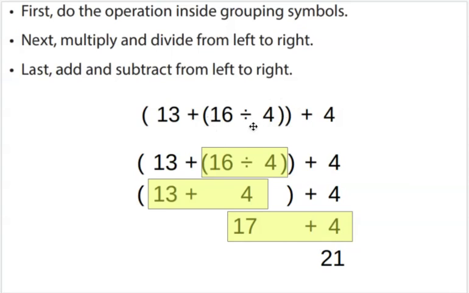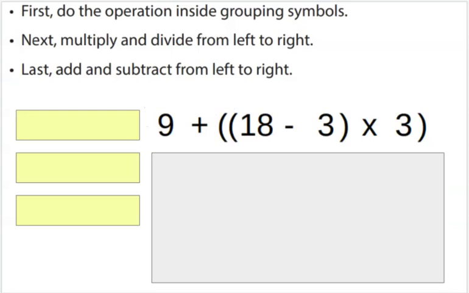Again, doing this piece first, and then once I simplify 16 divided by 4 down to a 4, I do this step, and then so on, okay? All right, so let's take a look at another one. I want you to copy this problem down, and then I want you to push pause on the video and attempt this problem yourself. When you're ready, come back and we'll go over it.